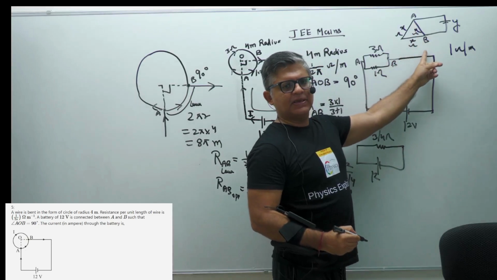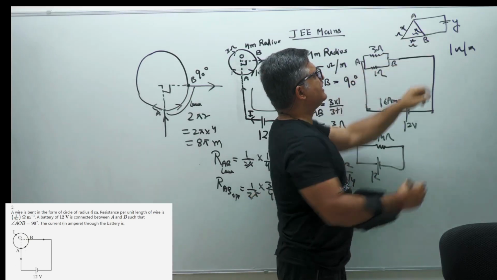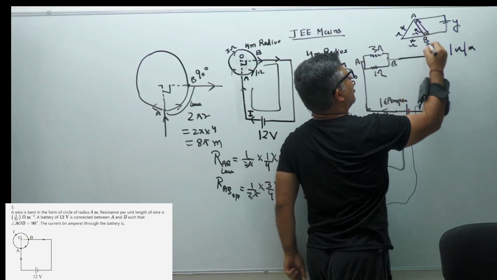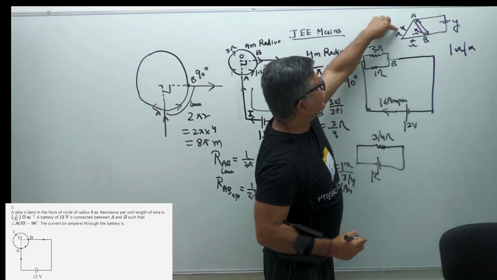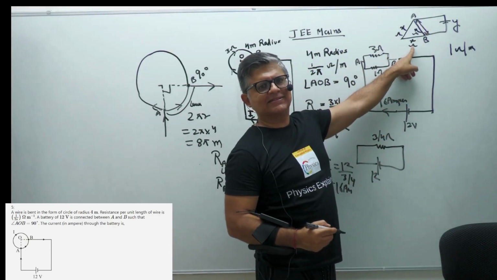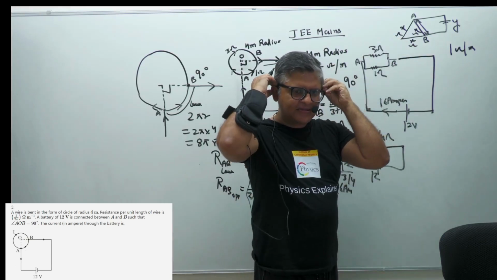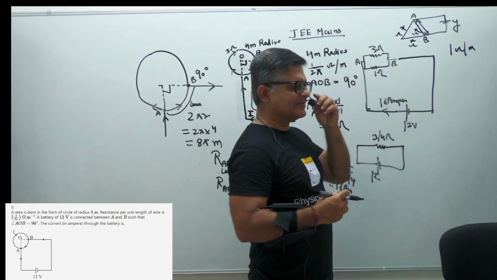Now, if you notice A and B, right? A and B have AB direct as a resistor of x ohms, and then these two are in series. Okay, these two are in series. X and X are in series. I hope this is making sense.